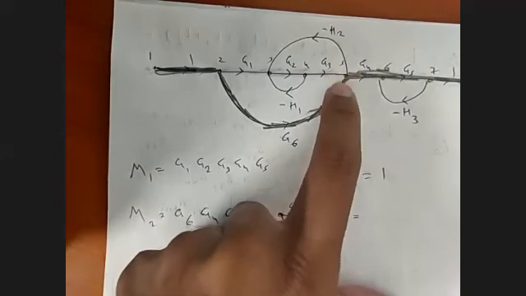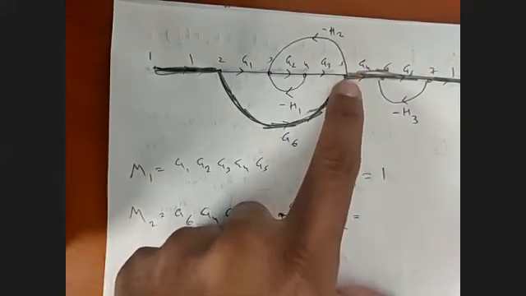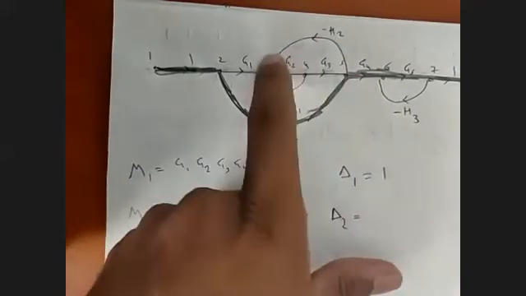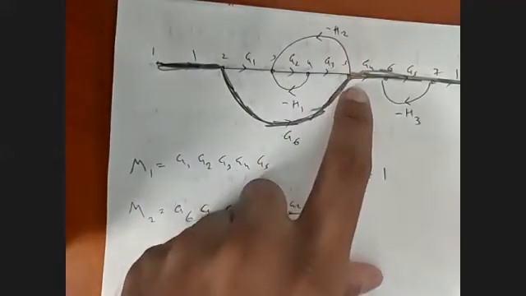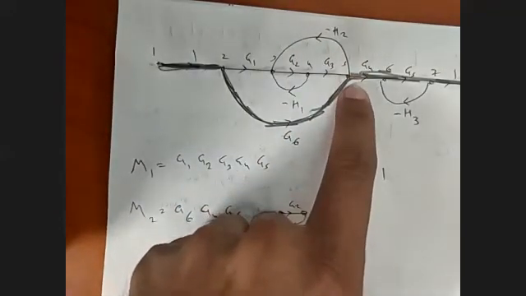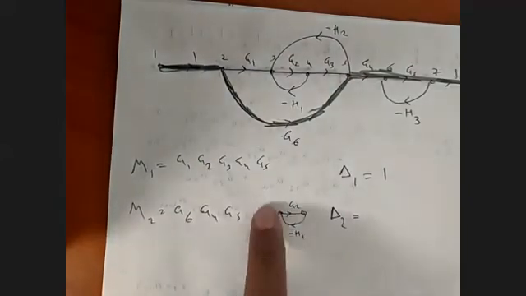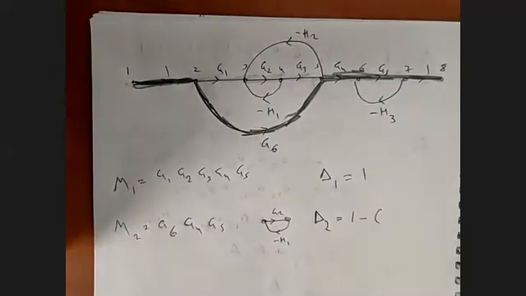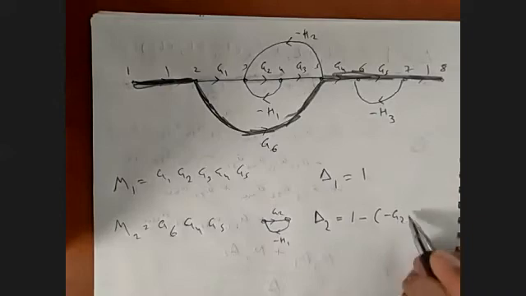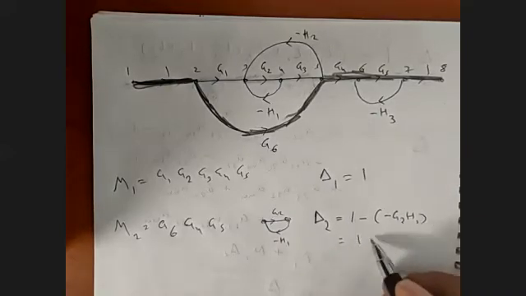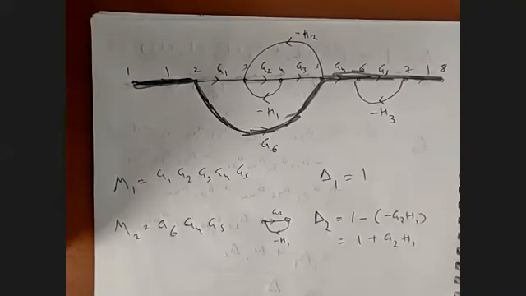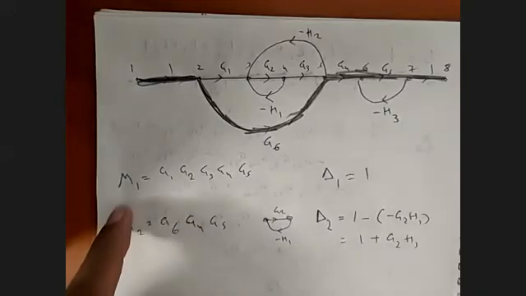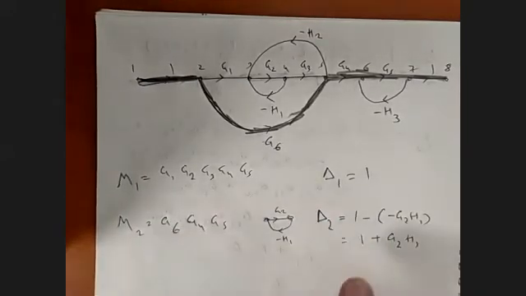So this is why H2 is not counted, because H2 is having the fifth node which is common. So this will be the only graph which is not part of this graph. So delta 2 will become 1 minus minus G2H1, so it will become 1 plus G2H1. So this will be your M1 delta 1 and then M2 delta 2.